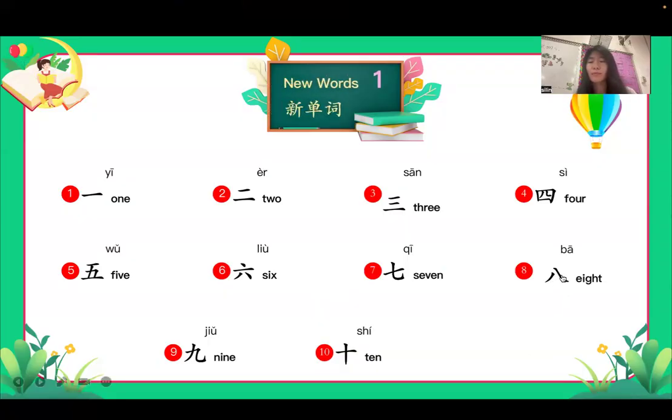Let's listen to it one more time. 八, ba. And this one? 九, 9. 十, 10. Remember the gesture?